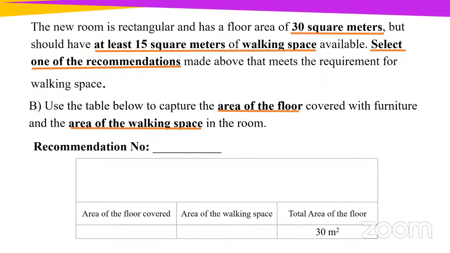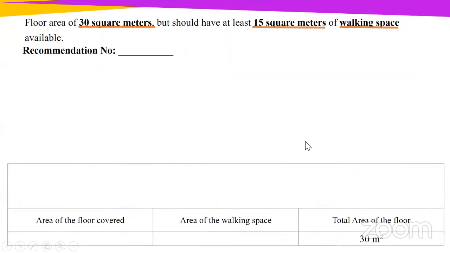Are you still with me, boys and girls? Good job. I'm seeing yes in the chat. We're all saying yes, yes, yes, yes in the chat. All right. So remember now, we're going to complete the table to see which of the recommendations we're going to be using.